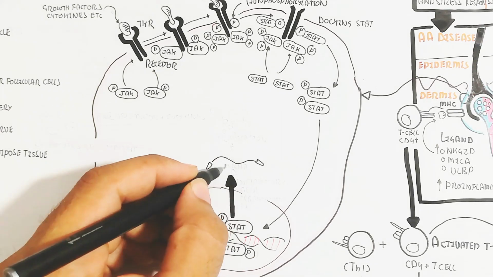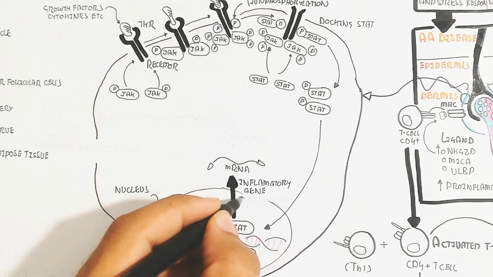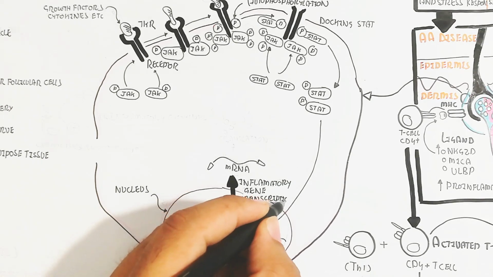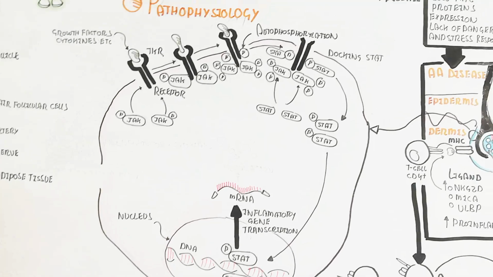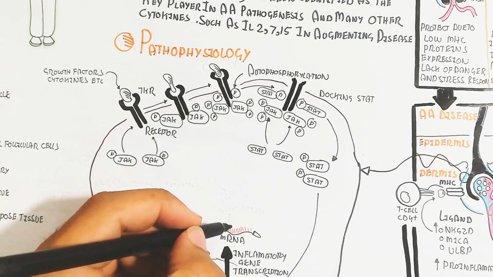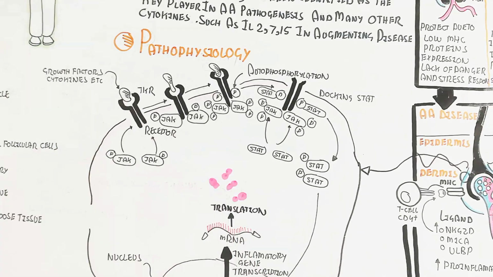So the inflammatory gene transcription will lead to the production of messenger RNA, and this messenger RNA will go into the cytoplasm and be translated into several types of protein, and these pro-inflammatory cytokines will basically drive leukocyte recruitment.